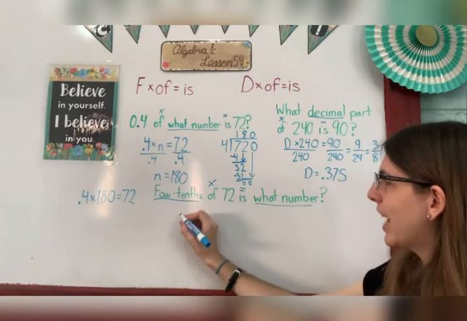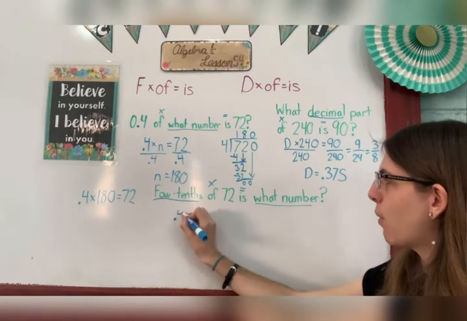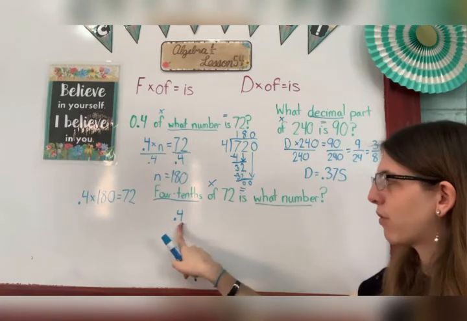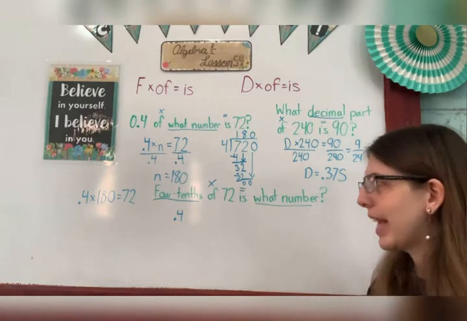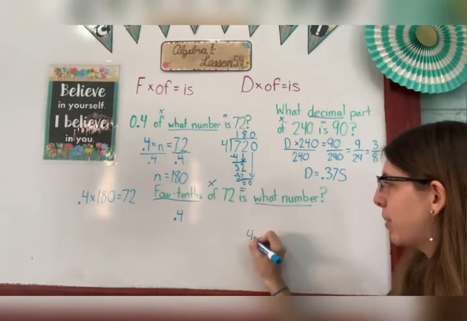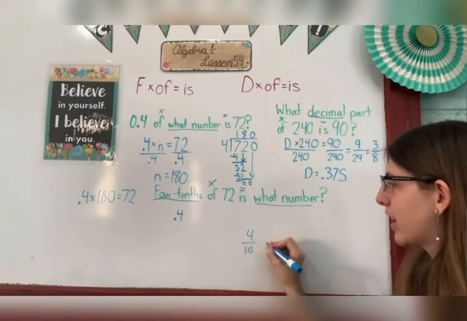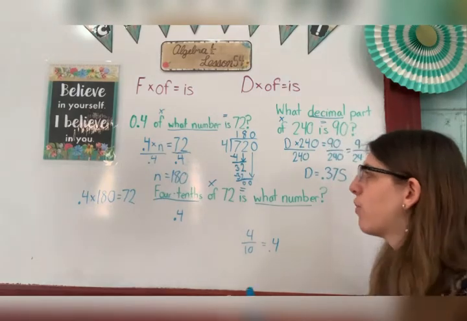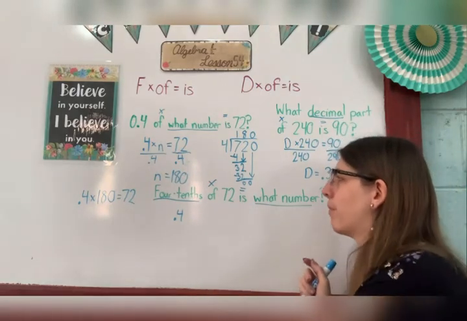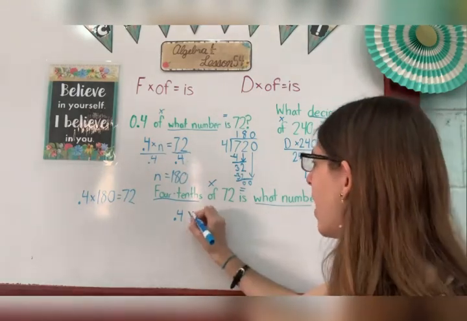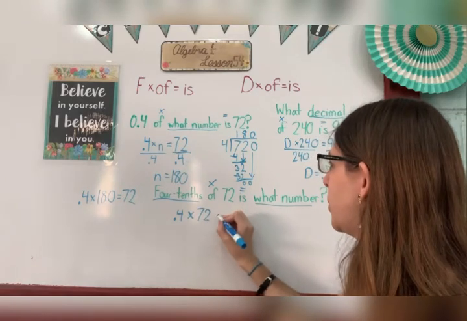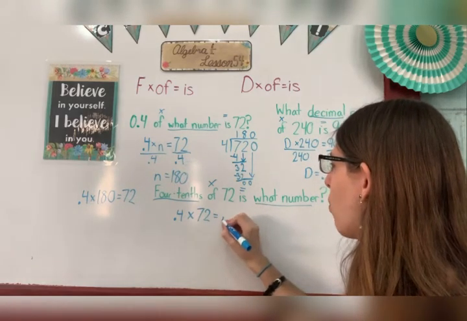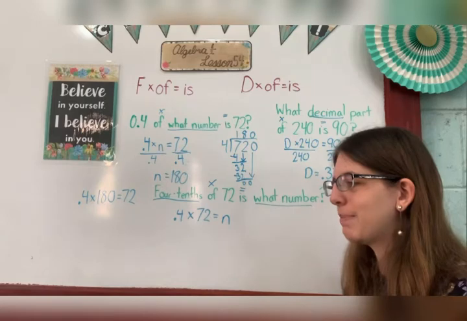All right, 4/10 as a decimal, remember, that would be 0.4 because you have your 4 in the tenths place. If you feel like you have to put it first as a fraction and then convert it to a decimal, that's fine. But 4/10 is 0.4. Of is times 72 is equals what number? N for the number that's missing.